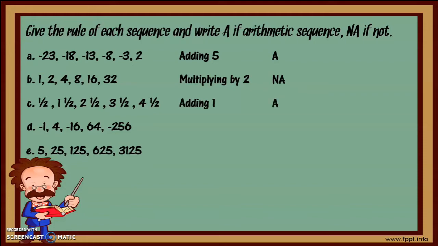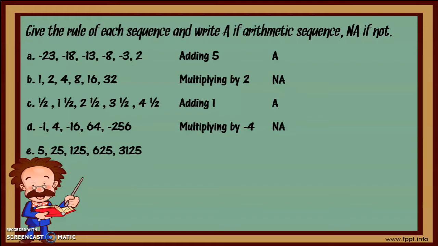Letter D, negative 1, 4, negative 16, 64, negative 256. Multiplying by negative 4 is the rule, so therefore, it is not an arithmetic sequence. Letter E, 5, 25, 125, 625, 3,125.